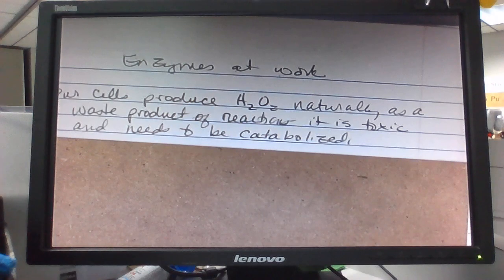So when it's bubbling up like that, it's turning into water and oxygen, which conveniently enough, the water helps to wash stuff out and the oxygen helps to kill anaerobic bacteria. So bacteria that don't like oxygen, and if they come in contact with oxygen, it kills them. So if you get like a nail or something jabbed down deep in, anaerobic bacteria can get in there and they're like, oh no, oxygen, nice and warm and moist, and they multiply and divide.